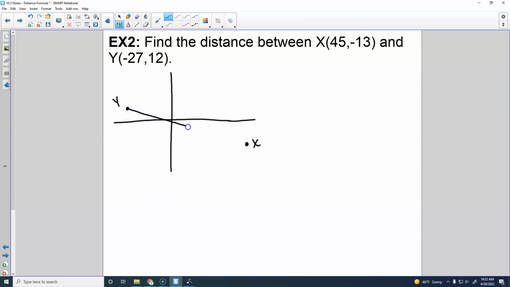And we would be looking for that distance. So again, if I mark the x-axis here, this is my negative 27. This is positive 45. If I mark my y-axis, this right here is negative 13. Up here would be positive 12.